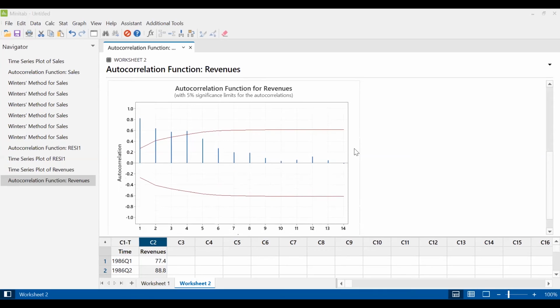Let's see. First of all, I can definitely observe the trend because the first 4 lags are significant and they are decreasing gradually. We can also observe seasonality because for the 4th lag, when I draw this curve to follow along the declining pattern, the 4th lag is standing out, right?